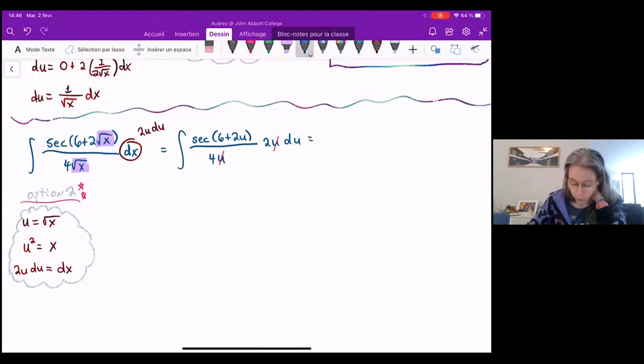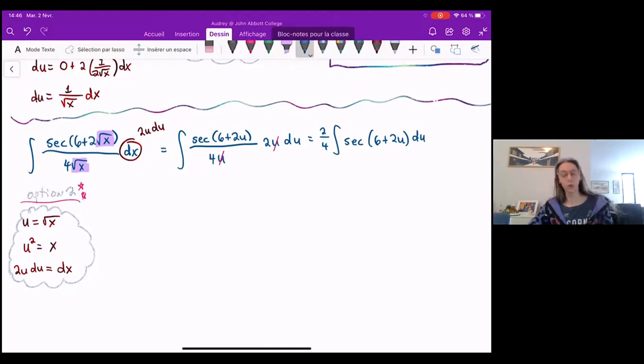I can bring the 2 and the 4 to the outside and have secant of 6 plus 2u du. At this point, I could do another substitution, or I could recognize that the derivative of 6 plus 2u is just 2, which is just a constant.